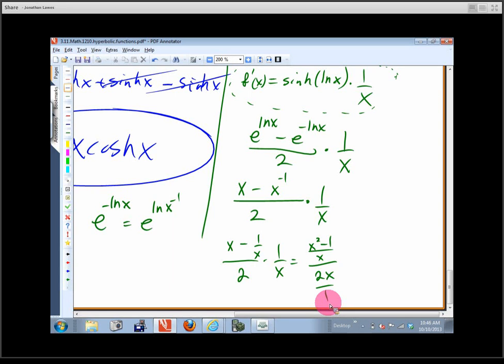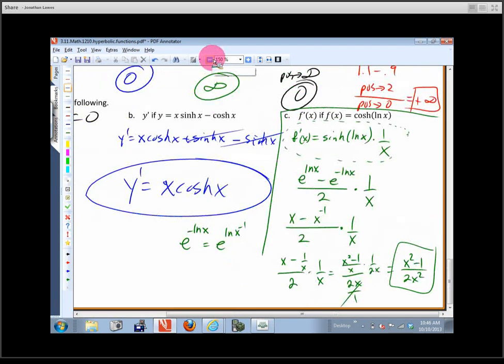We'll flip that over and multiply. So this would be 1 over 2x. So this is going to be x squared minus 1 over 2x squared. Does that look okay? Any questions? Yeah. So flipping to the other page, example 2b.